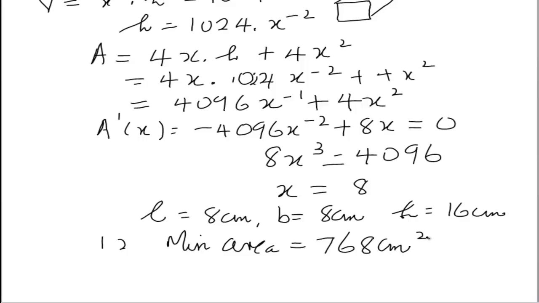You need to substitute in the original. So the original is there, and if you do the substitution of x is equal to 8 in the original, you will get the minimum area.